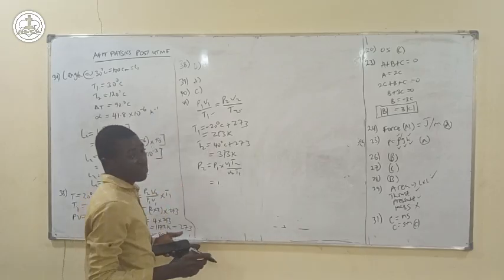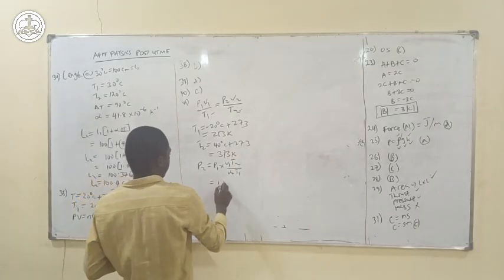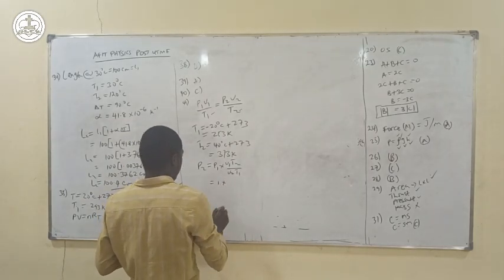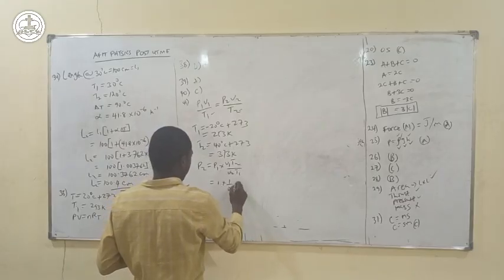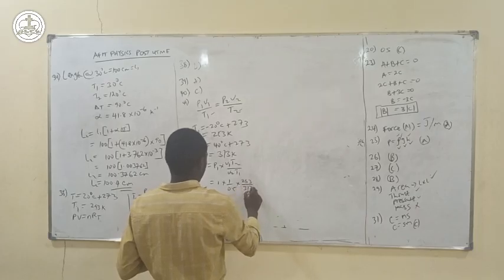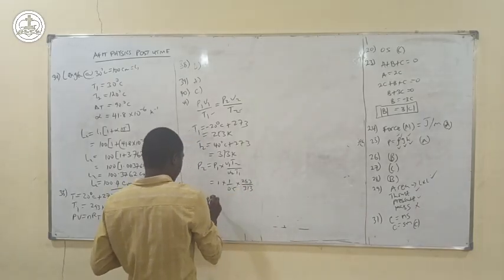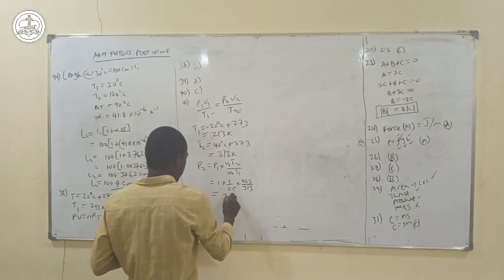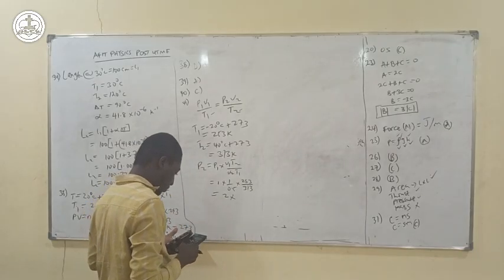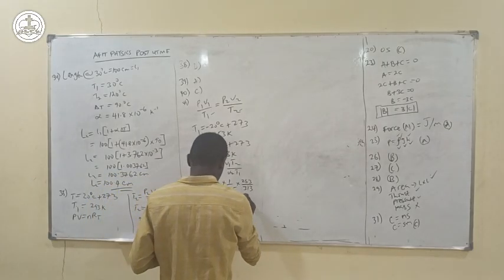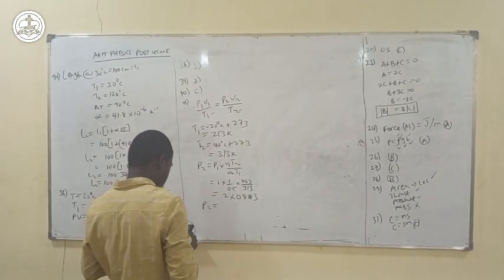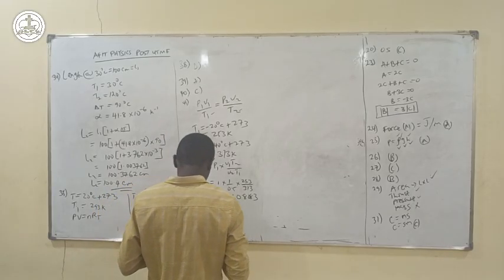Remember the initial pressure is 1 atmosphere, so that is 1 times V1 over V2, which is 1 over 0.5, and T2 over T1 is 313 over 253.